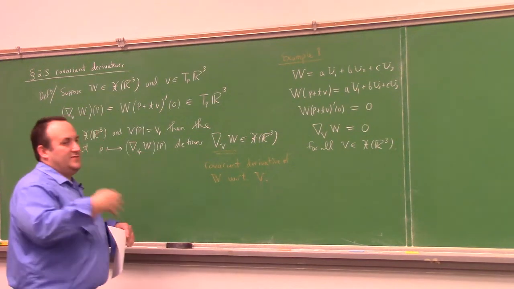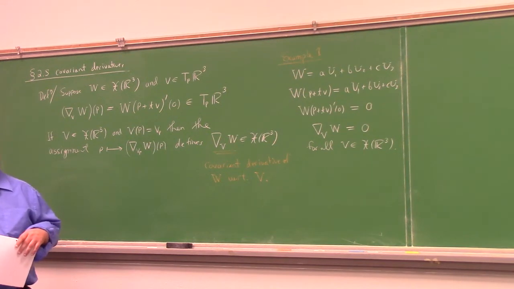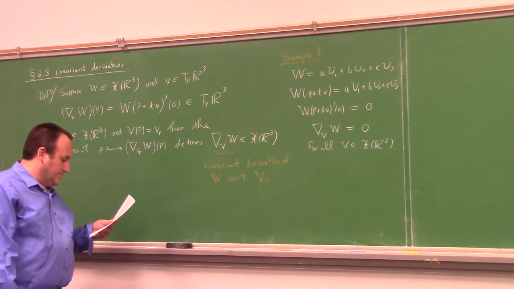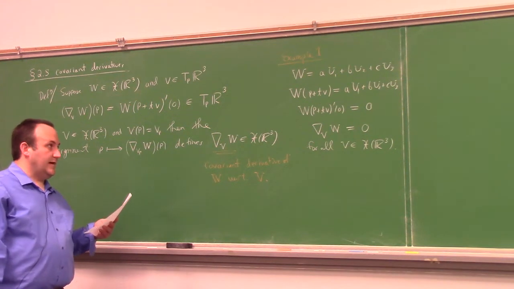Because I can do it for any v at a particular point, so I can just as well do it for vector fields, big V, as well. We'll get there.